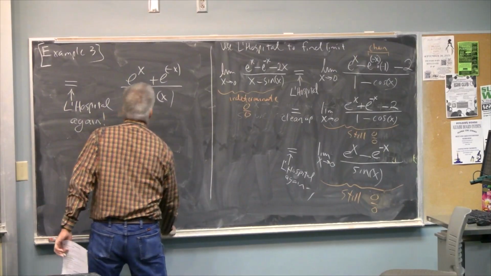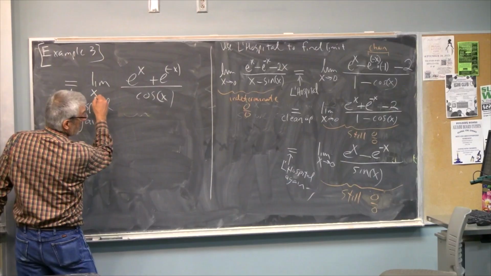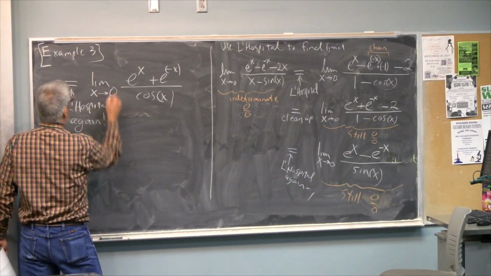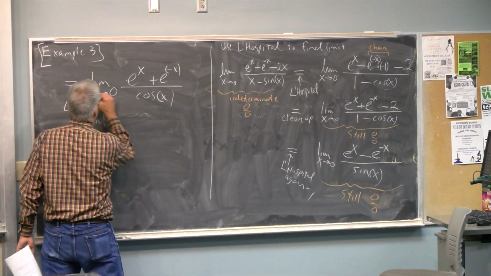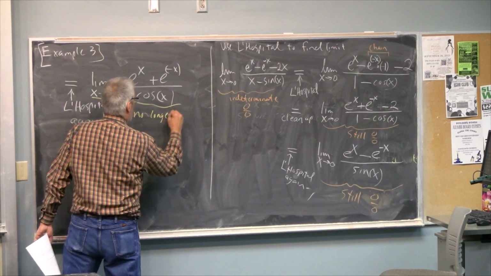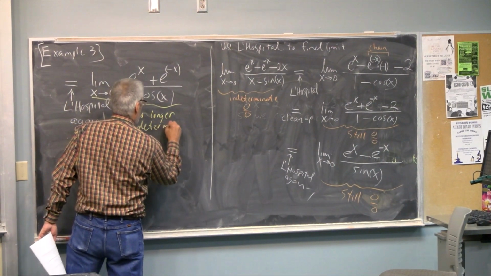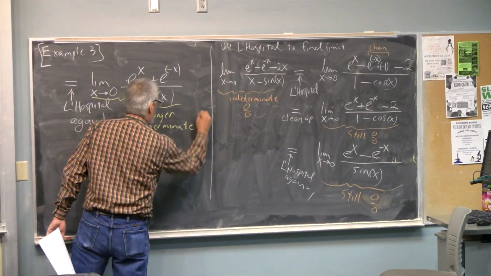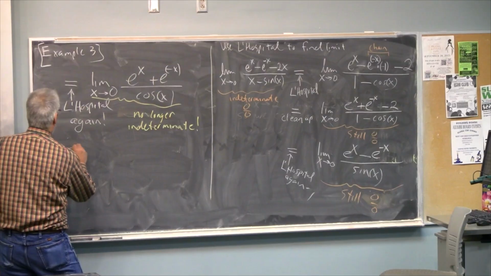Oops, I got to have my limit in front because grader dude is really grumpy about notation. Okay, so no longer indeterminate. So I can just substitute in my value.